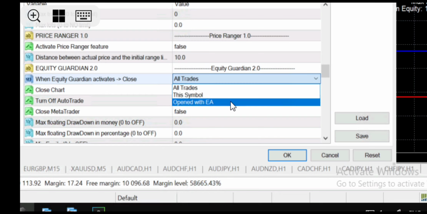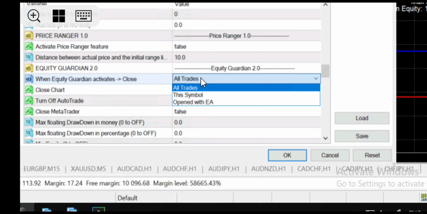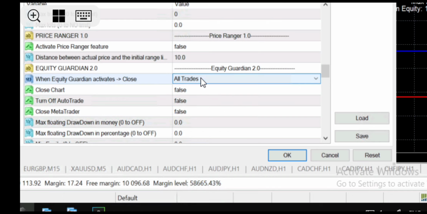Or if you set it with opened with EA, the EA does not have any business with your manual trades or other EA trades. It only opens or closes whatever positions it opens by itself. So that is how the equity guardian works.